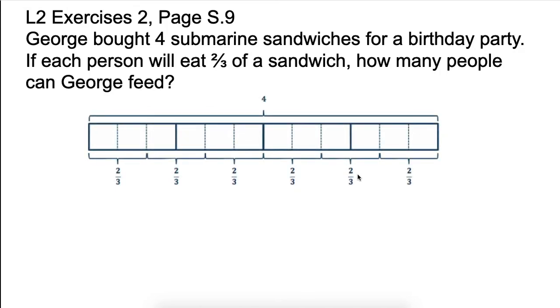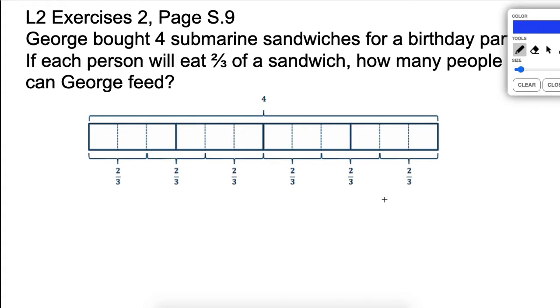If we look at this picture, we have our 4 sandwiches represented there, and then we show how they're divided up into thirds. We end up with those thirds, and then if we break those thirds up into 2s, that tells us how much each person would get. So we can just visually tell here.